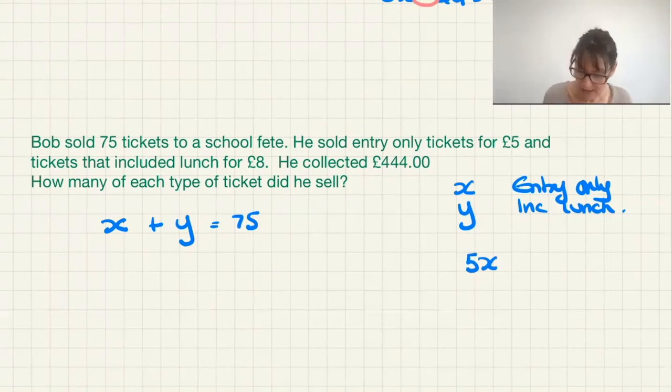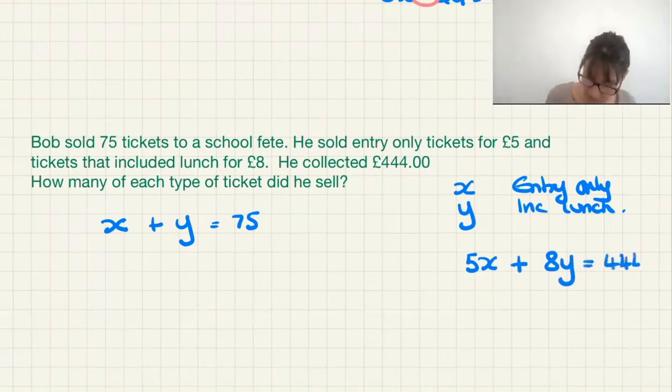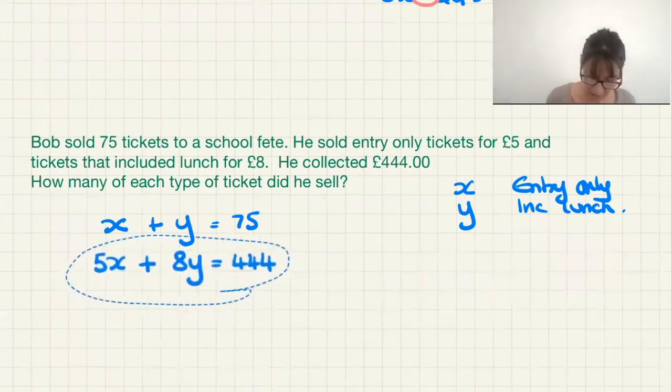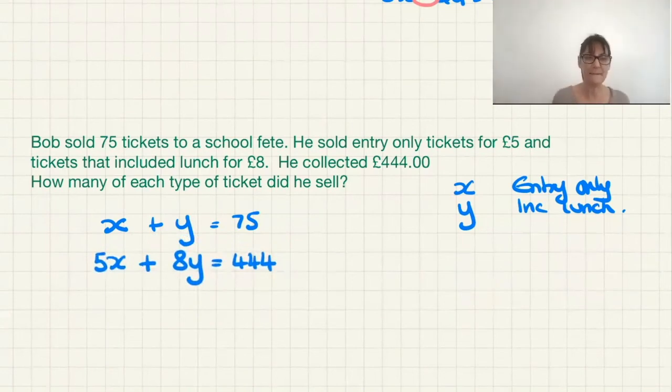So 5 times however many X's he sold, plus 8 times however many Y's he sold, will equal 444. So we'll put that with the other equation, and happy days, we've got exactly what we need.